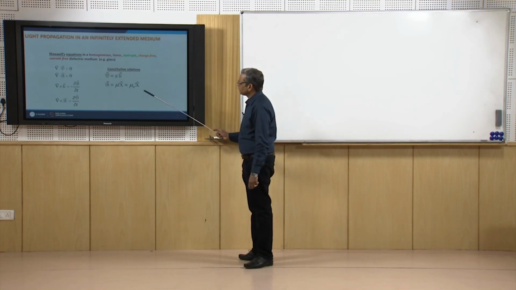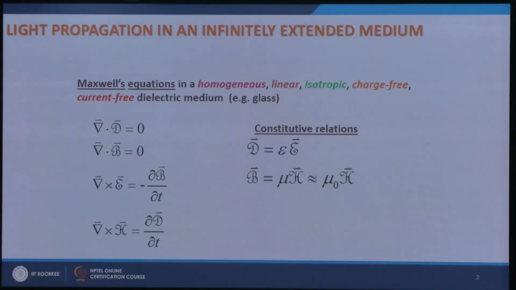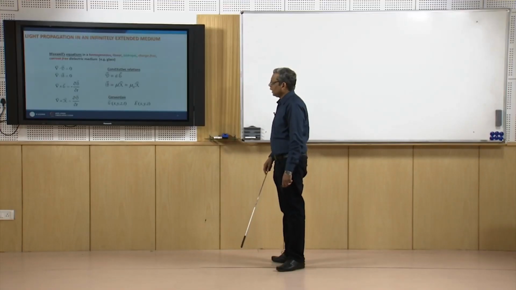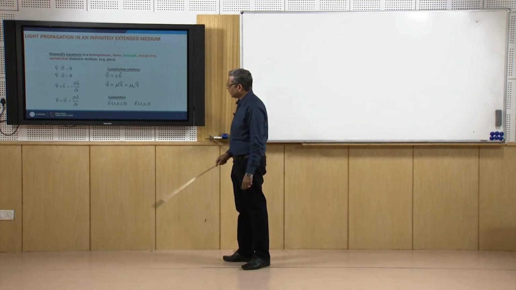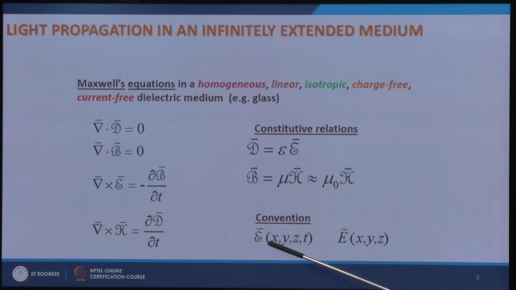So, at some places I will use this approximation also. I will use the convention throughout my lectures that wherever I use curly letters, it means that they are functions of x, y, z and t, while the straight letters do not have any time dependence, they are functions of only the spatial coordinates.